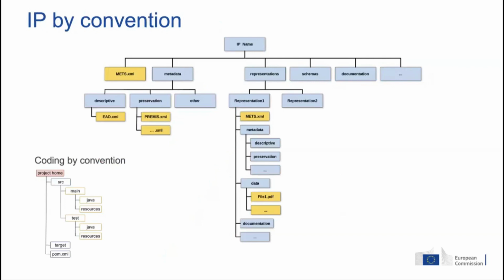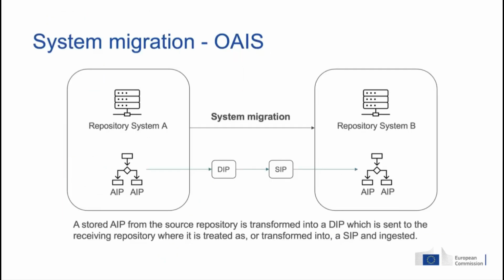So if we look at the classical OAIS type definition of a system migration where you want to get your data from one system to the other, you usually would have a DIP export and on the other side a zip export into the other system, which is a bit strange in a sense because the zip and the DIP are both more snapshots in time than packages that really have a life cycle.